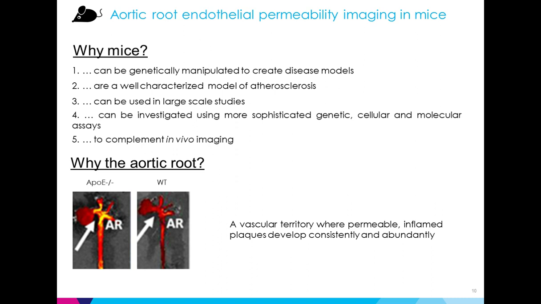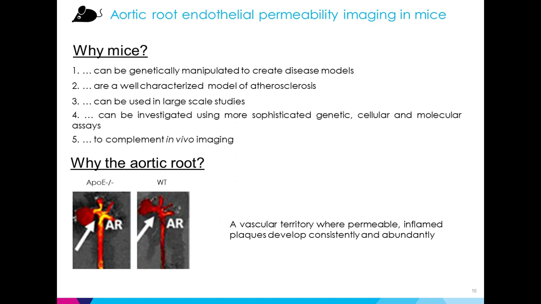There are, for example, mice that are atherosclerosis prone, but also diabetes prone, so that can be interesting to study. And they are a well-characterized model of atherosclerosis, and actually more than one mouse model of atherosclerosis exists. They can be used in large-scale studies because even genetically modified mice are fairly affordable, definitely more than larger animals.